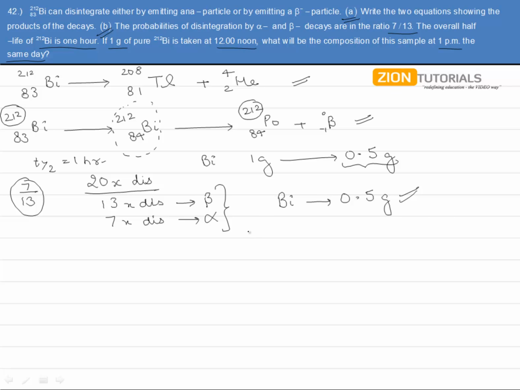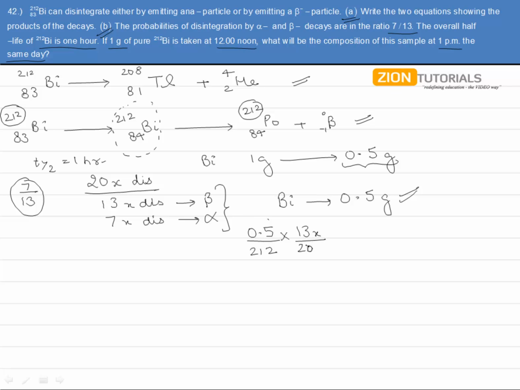So here, let us find the number of moles of bismuth. What would it be? 0.5 upon 212. This much moles of bismuth have disintegrated. Rather, these are the total moles that disintegrated.